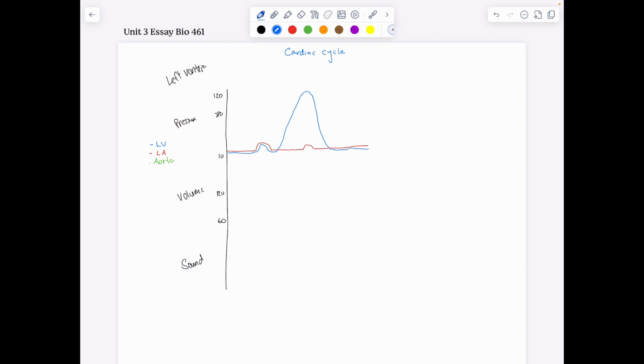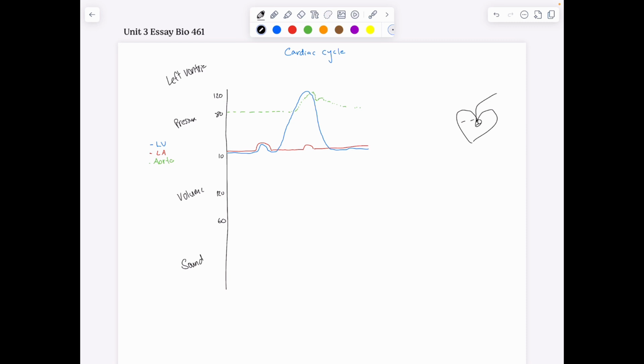And the aorta already has a pretty high pressure, so it's going to be around 80, and it's going to go up here, and then it's going to kind of go out. Then it has this little notch, and then it's going to go back down to 80. So that's a little bit about what's happening. And I'll draw this heart.